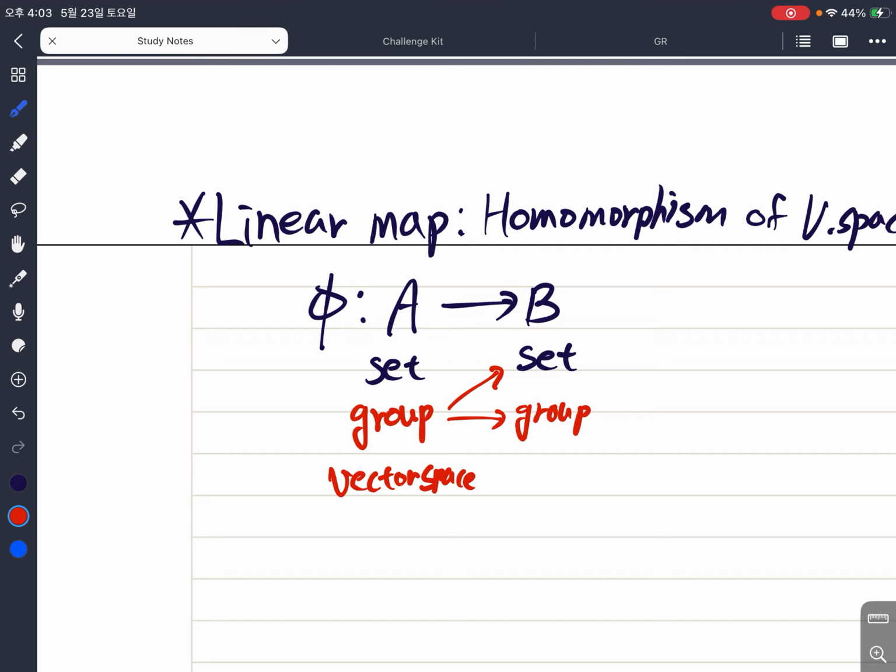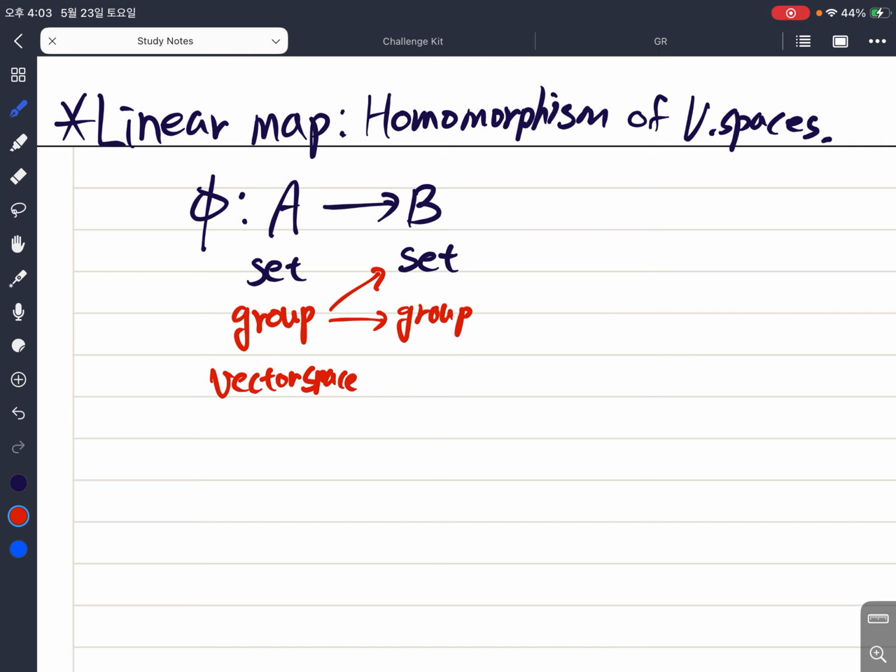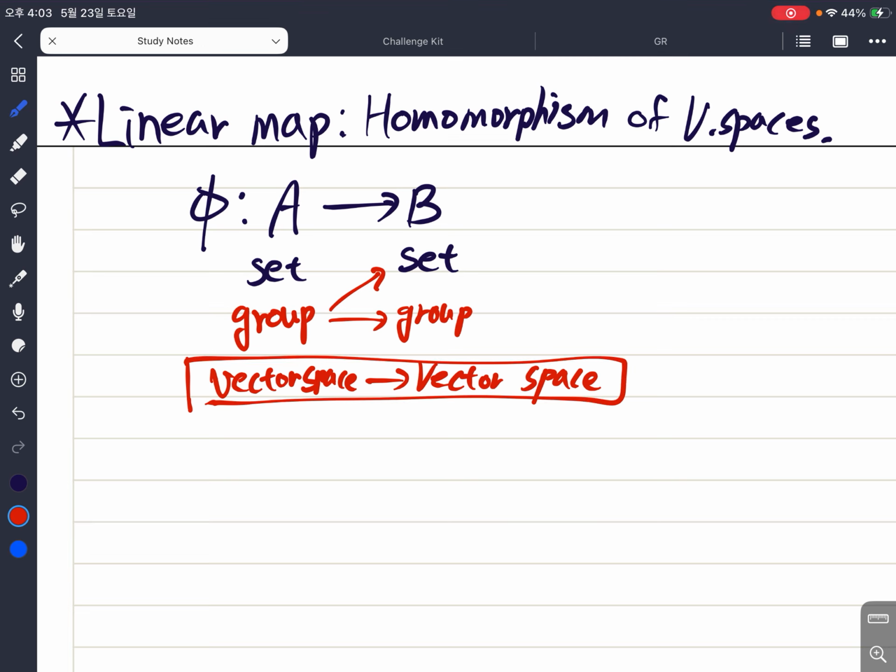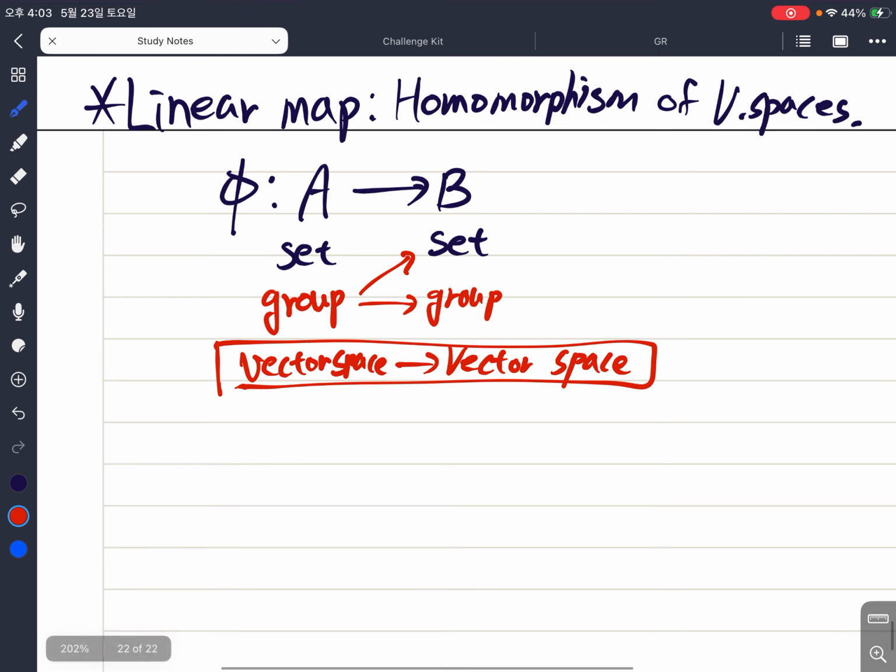What we want is that we start with a vector space, and the resulting set is also a vector space. And this is what we want today, and the map having this property is called vector space homomorphism, and another name is linear map.